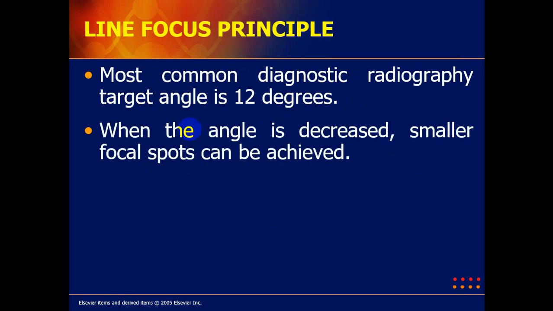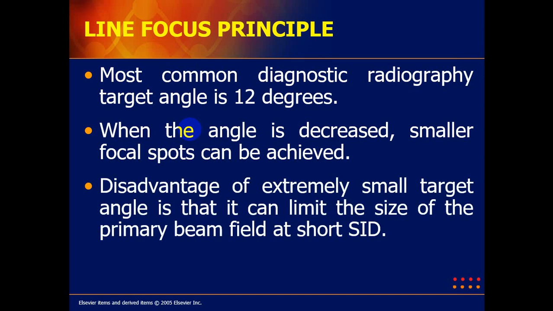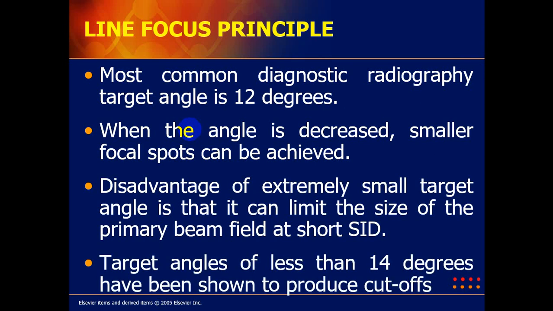When the angle is decreased, a smaller focal spot can be achieved. The advantage of an extremely small target angle is that it can limit the size of the primary beam at a short SID or source to image distance. Target angles of less than 14 degrees have been shown to produce cut-offs.